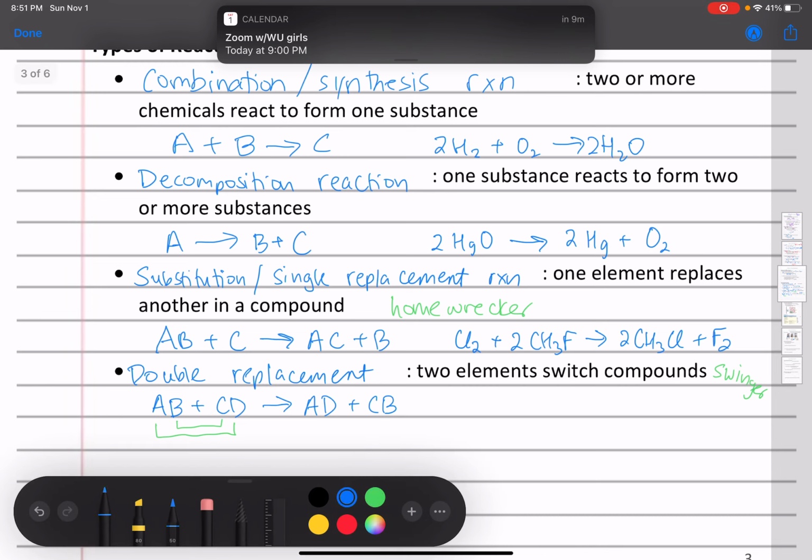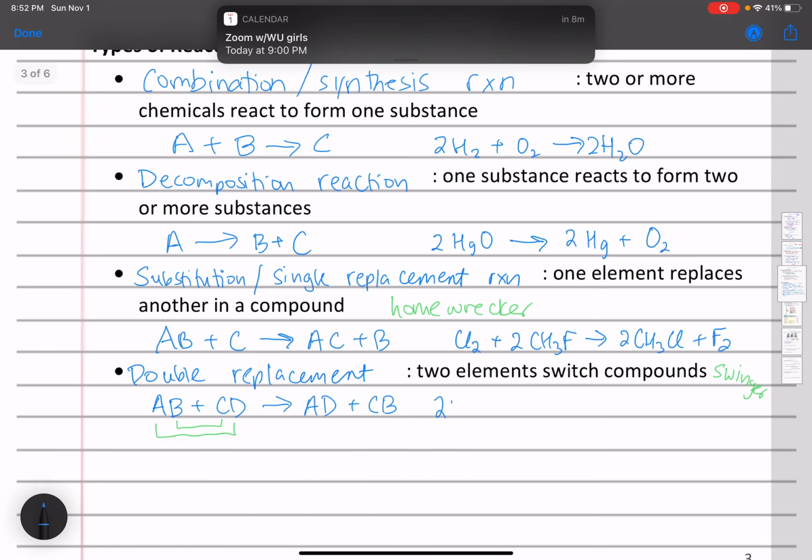So an example of a double displacement or double replacement reaction would be this. 2 NaCl plus Ag2SO4 reacts to form Na2SO4 and 2AgCl, silver chloride.